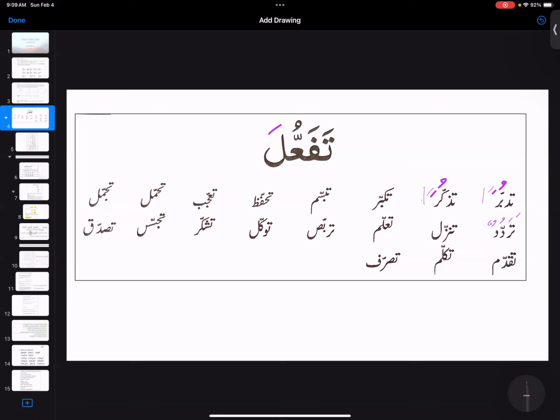Taraddudun, taraddud, Urdu speaker. But I think that is different, because rad, taraddud, I don't know if it's the same word or different, because rad means to discard something, right? I think taraddud is to hesitate.